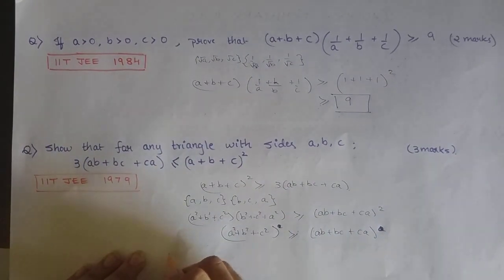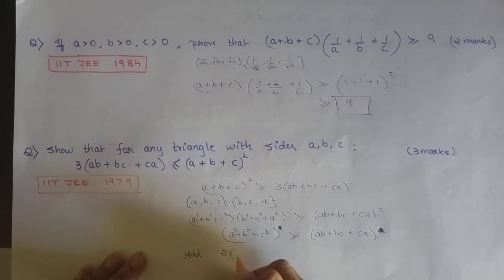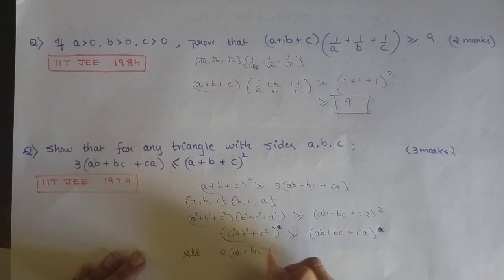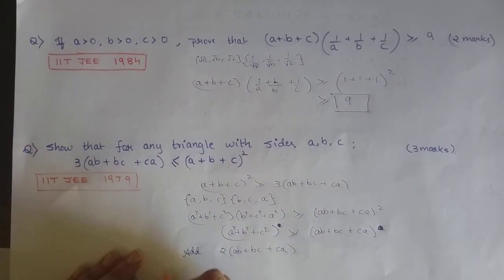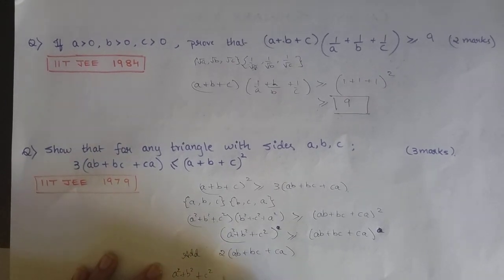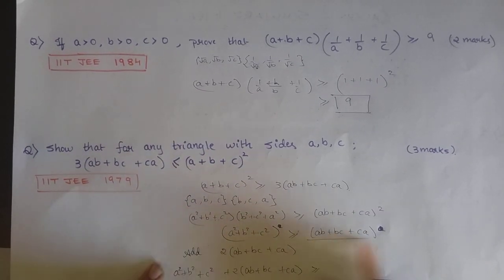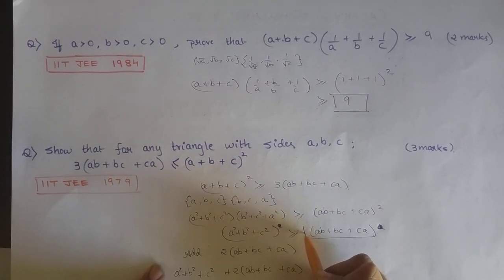So from this we have to arrive to this. So what I'll do, I'll add 2 times of ab plus bc plus ca on both the sides. So let's see what that gives us. A square plus b square plus c square plus 2 times of ab plus bc plus ca greater than or equal to, already one time is there, this is one time of ab plus bc plus ca.